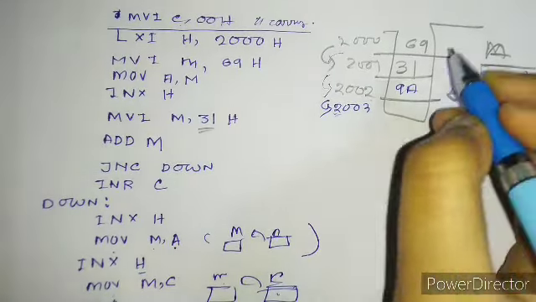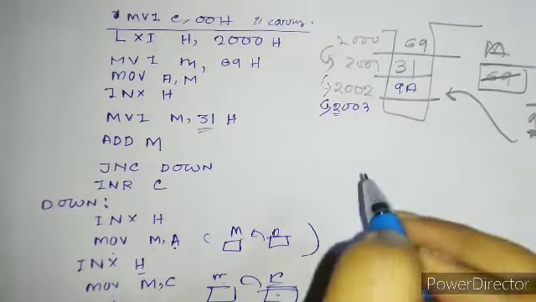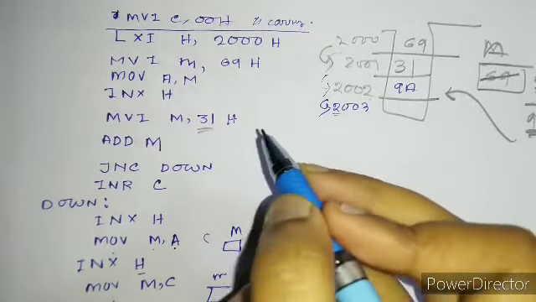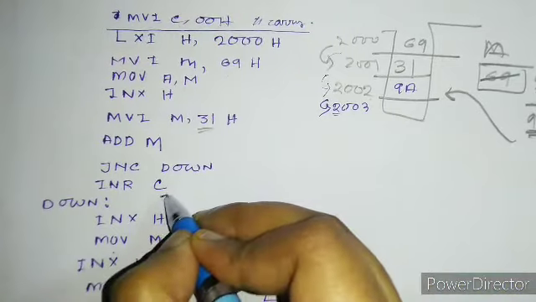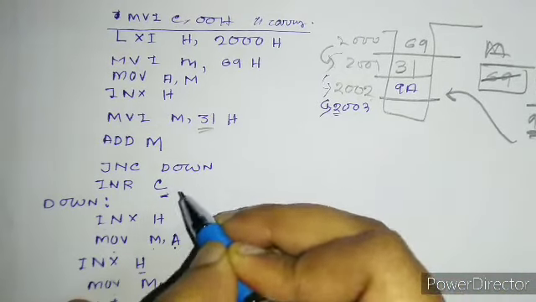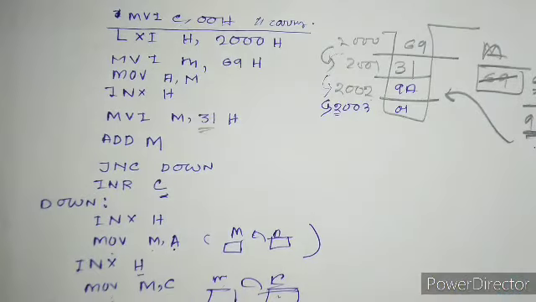Okay. In this scenario, carry generates. So my C will get incremented, and I can write it as 01. So this is how addition works when we use a memory pointer.